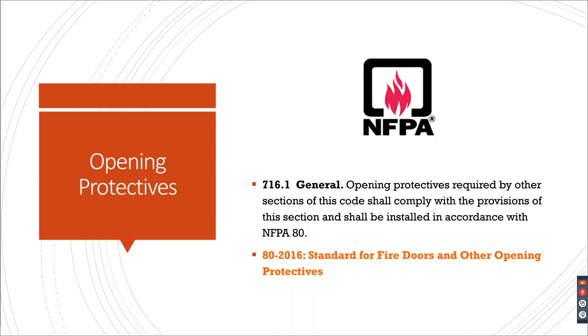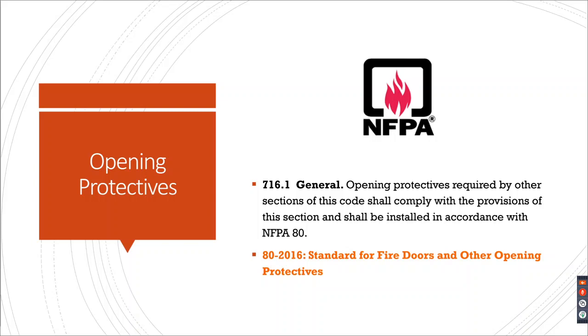So starting off with the general: opening protectives required by other sections of this code shall comply with the provisions of this section and shall be installed in accordance with NFPA 80. So again, just like with the assemblies, the other portions of the code will tell you when you need them, and 716 tells you how to do this.